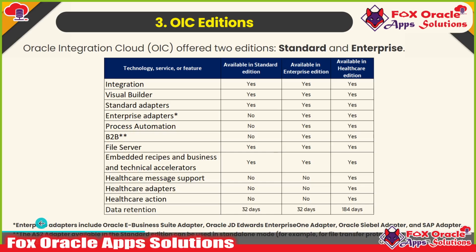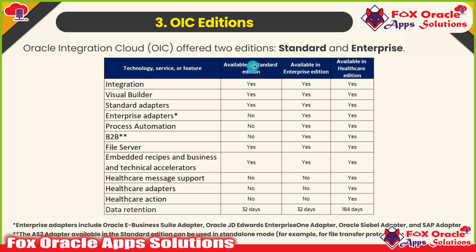You will find these enterprise adapters only when you take an instance with the enterprise edition, not available in the standard edition. And when we talk about PCS, that is Process Cloud Service, that's known as process automation, again process automation of PCS is not available in the standard edition.